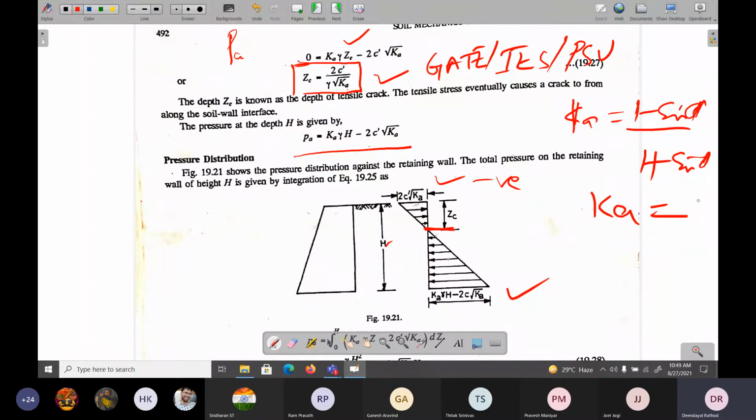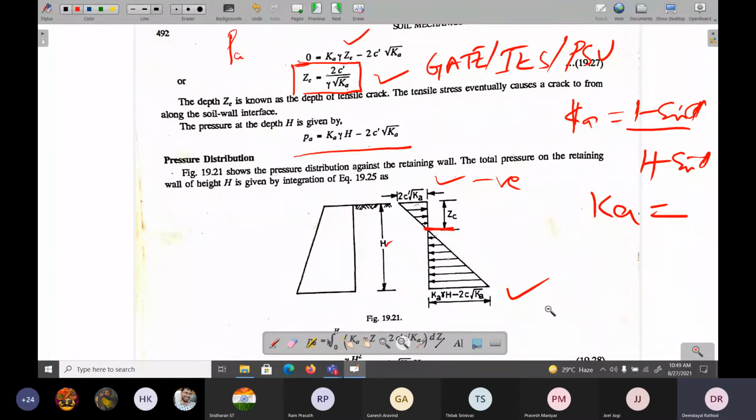They will ask for the tensile crack depth after giving the C value, phi value, and the unit weight of the soil. We can find out exactly where the depth of tensile crack ZC will happen. Understand?